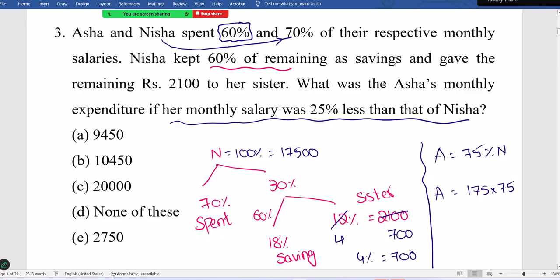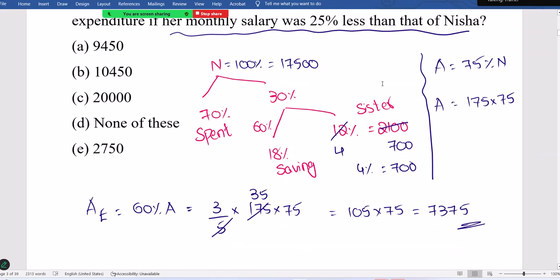Fine. Now Asha's monthly expenditure, clearly they said 60% is the monthly expenditure of Asha. So 60% of Asha's income, so 3 by 5th of that. So we can clearly understand it's 105 into 75.